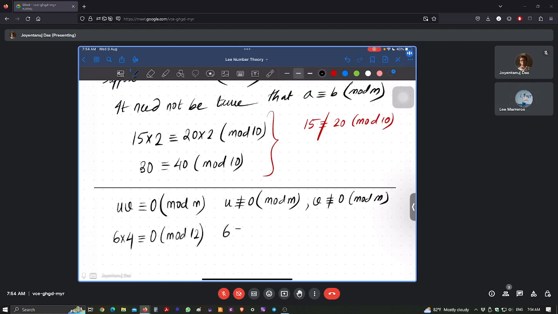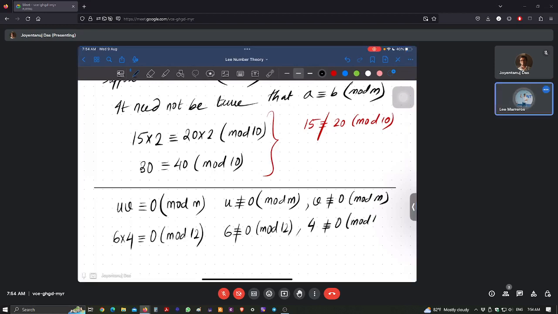But 6 is not divisible by 12, so 6 is not congruent to 0 mod 12, and 4 is also not congruent to 0 mod 12. So it can also happen like this.